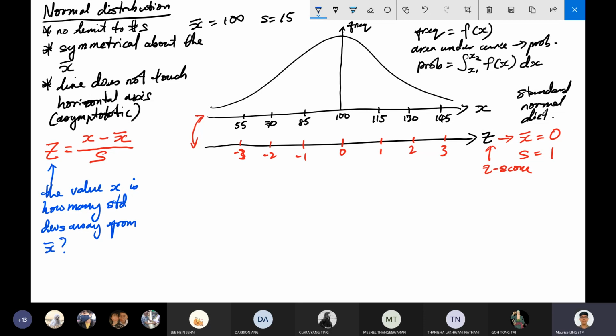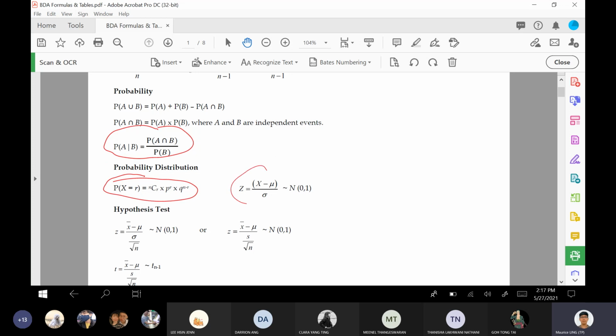This equation is also given to you here. The mean is 0, the variance is 1. So it's up to you to use it.